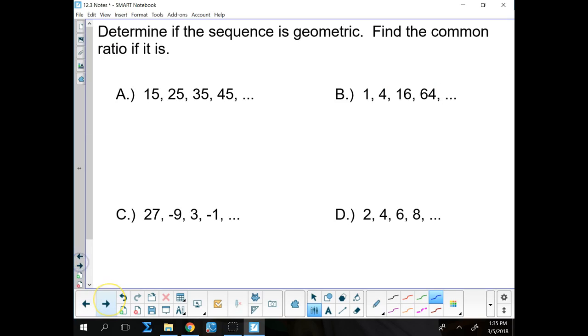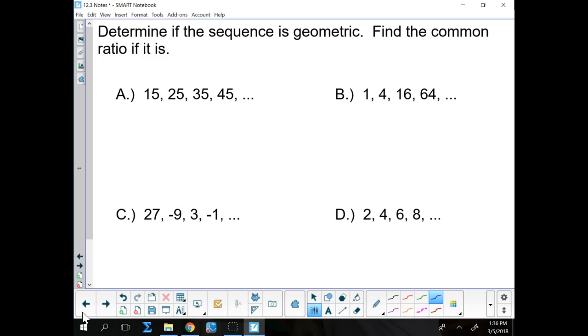Okay? What I'd like you to do now is determine if those 4 sequences are geometric, and if they are geometric, find the common ratio. First one, geometric, not geometric? Not? Okay?